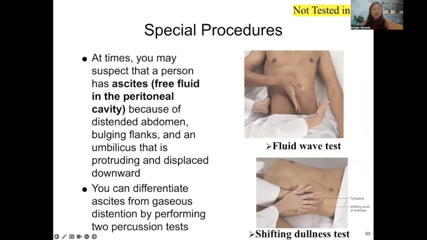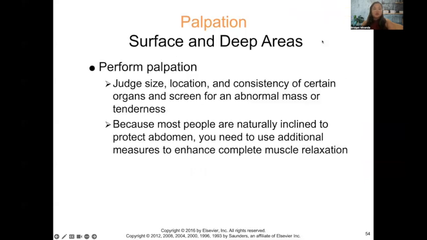Because the abdominal area may be distended during the hospital stay or during their disease process, it may be free fluid that's causing the distension, and it may not be their habitus. And so what we're trying to do is differentiate whether it's ascites, so fluid, versus gas or subcu tissue.